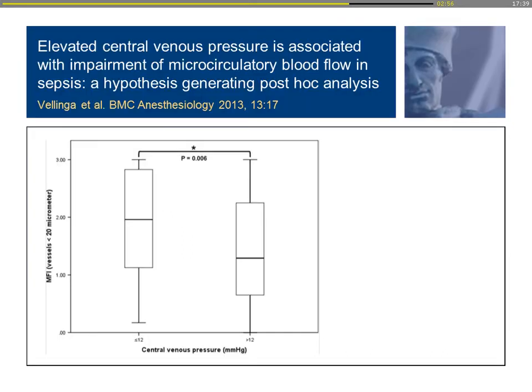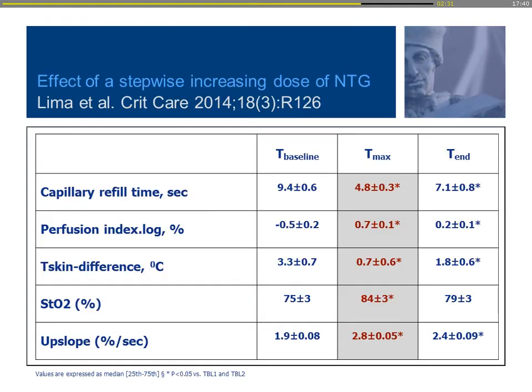And the basis is probably the increased post-capillary pressure, as Namke Vellinga from Leeuwarden showed, that if you look at patients with low central venous pressure and higher central venous pressure, there is a significant difference in the microvascular flow index. So that could indeed contribute to the observation of Mathieu of new increased kidney failure.